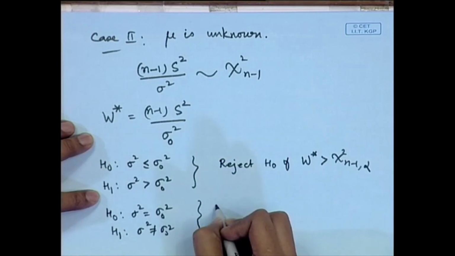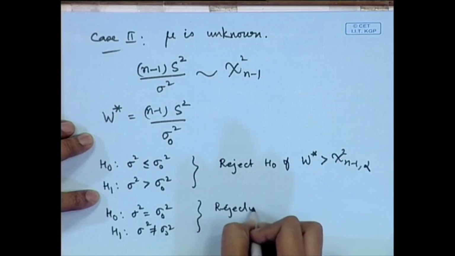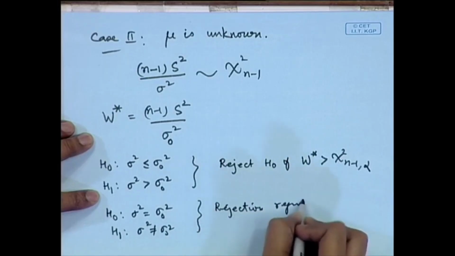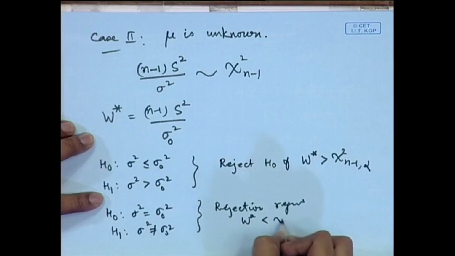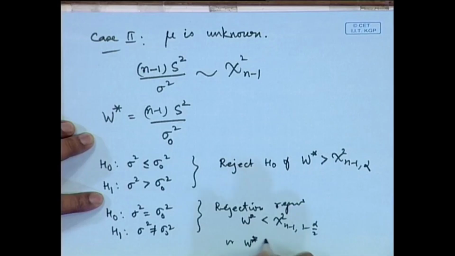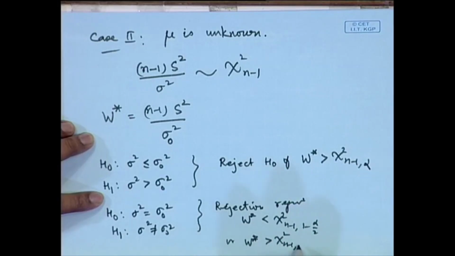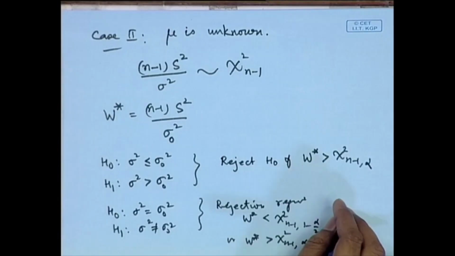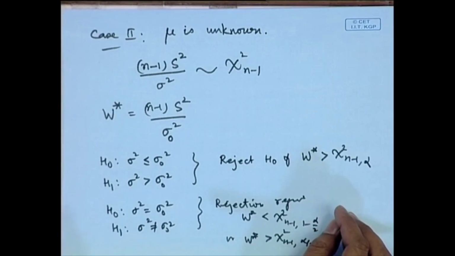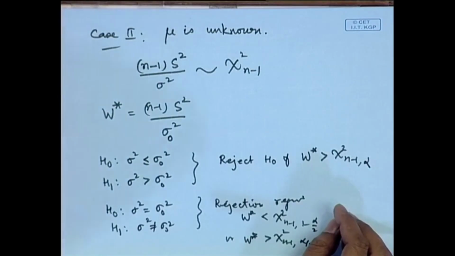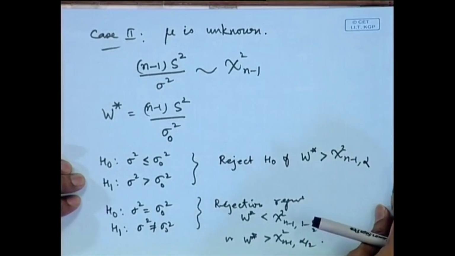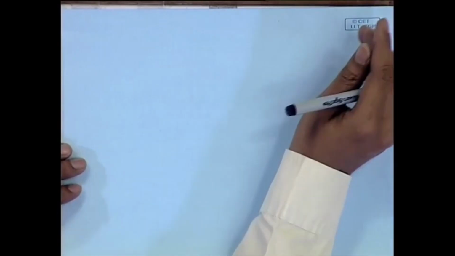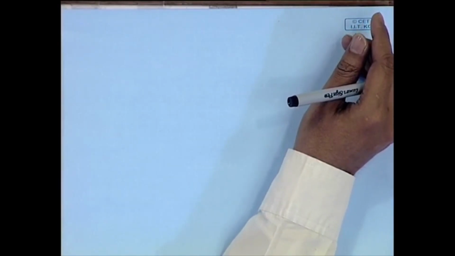Then the rejection region will be W star less than chi square n minus 1 minus alpha by 2, or W star greater than chi square n minus 1 alpha by 2. Let us look at the examples here.